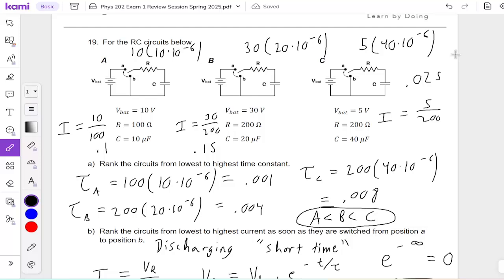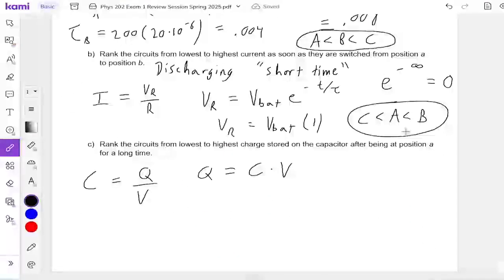Oh my god, I'm getting lazy. 10 times 10 e negative 6. 0.0001 for the first one. 0.0006 for the second one, technically higher. And 0.0002 for the third one. Meaning it's A, then C, then B.